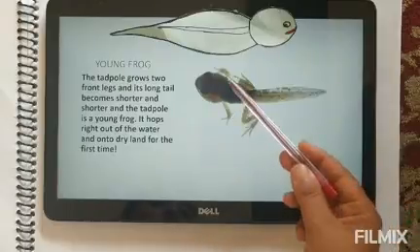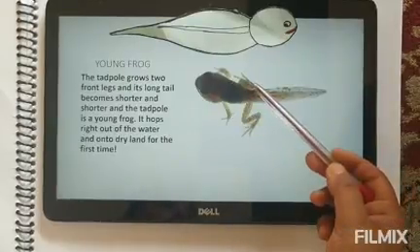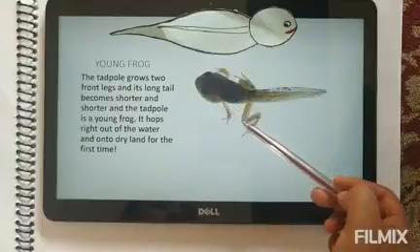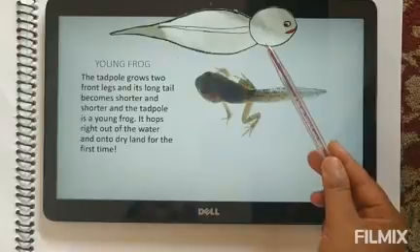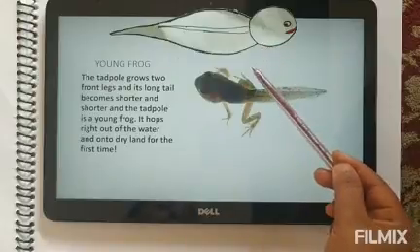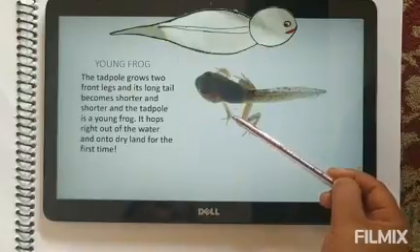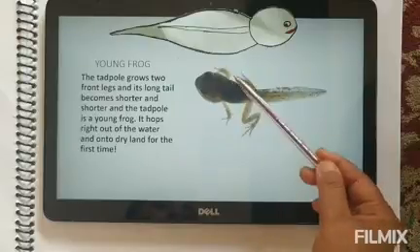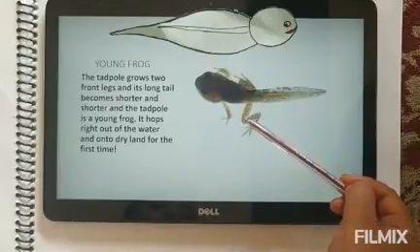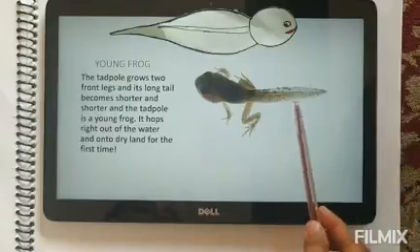See, 1, 2, 3, 4. So slowly, what will happen? The tadpole will develop two more legs. Okay, so now it will have four legs. 1, 2, 3, 4, and it will have the tail.